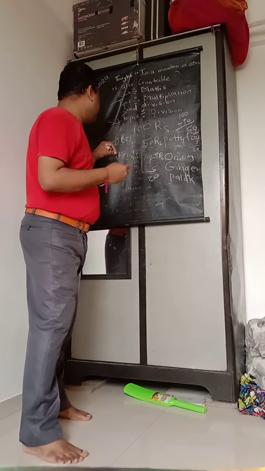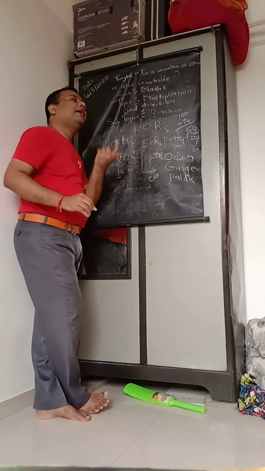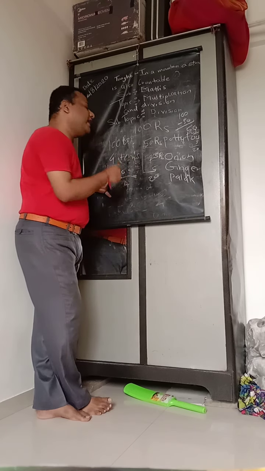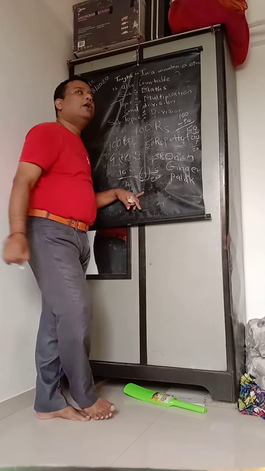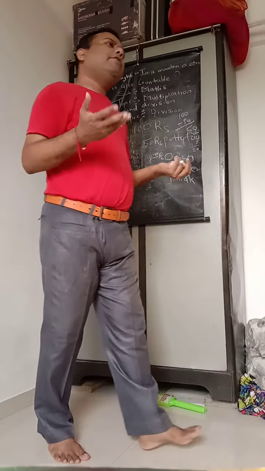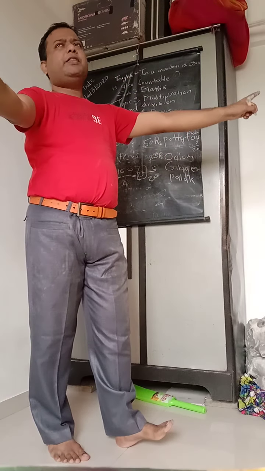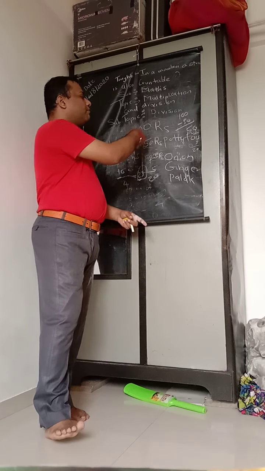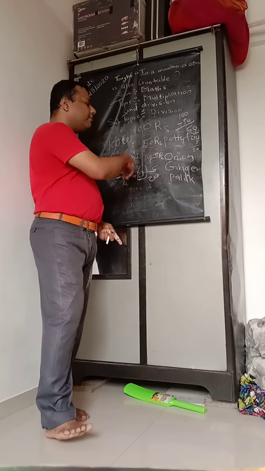How many rupees are given? 100 rupees. How many items do you have to bring? 4. So 100 divided by 4 comes to 25. So if you don't know what the rate in the market may be, you go and take 25 rupees potato, 25 rupees onion, 25 rupees ginger, and 25 rupees palak.